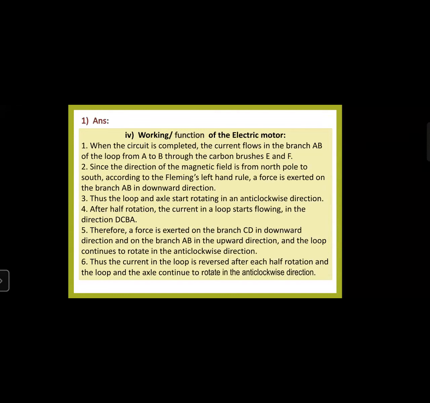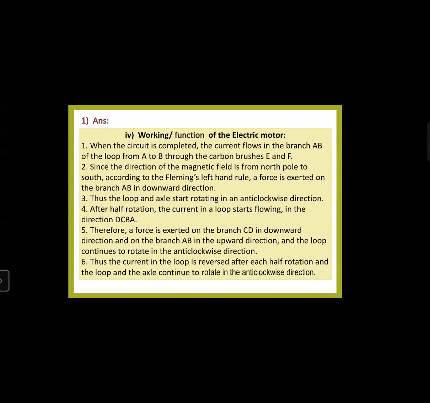After half a rotation, the current in the loop starts flowing in the direction DCBA. Therefore, force is exerted on the branch CD in the downward direction and on the branch AB in the upward direction. The loop continues to rotate in the anti-clockwise direction.